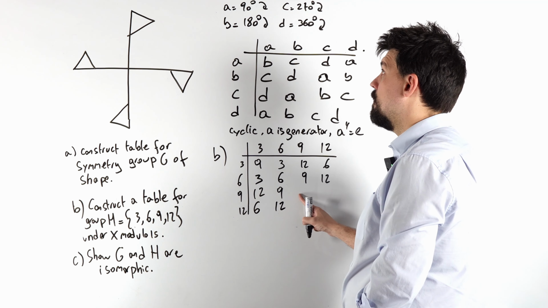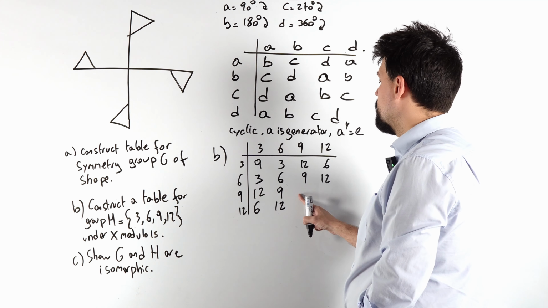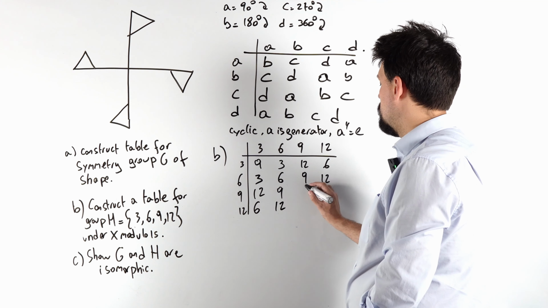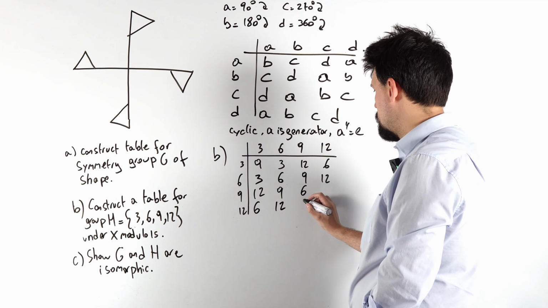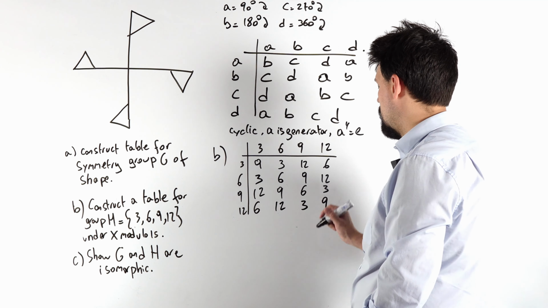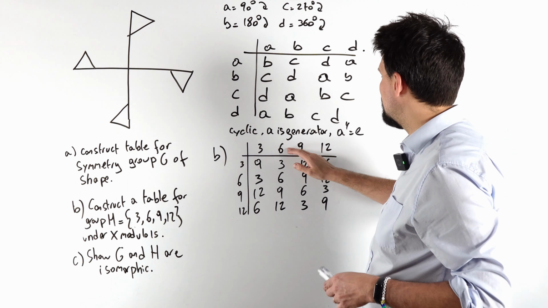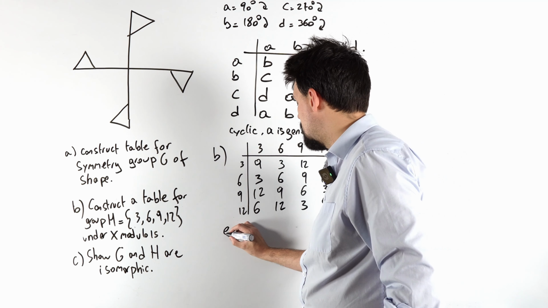What's the nearest multiple of 15? 15, 30, 45, 60, 75. So this would be a 6, which would leave me with a 3 here, a 3 here, and a 9 here. Now, it does look like 6 is my identity.